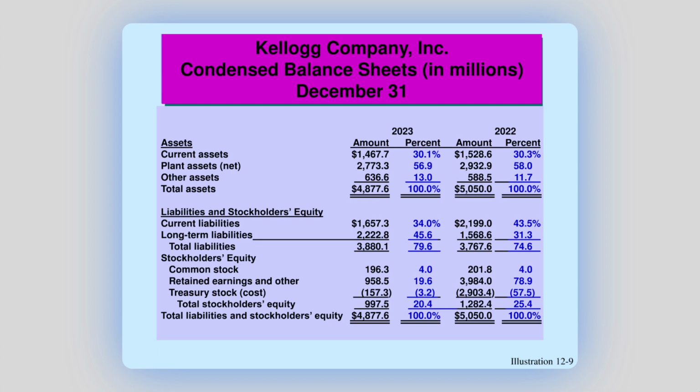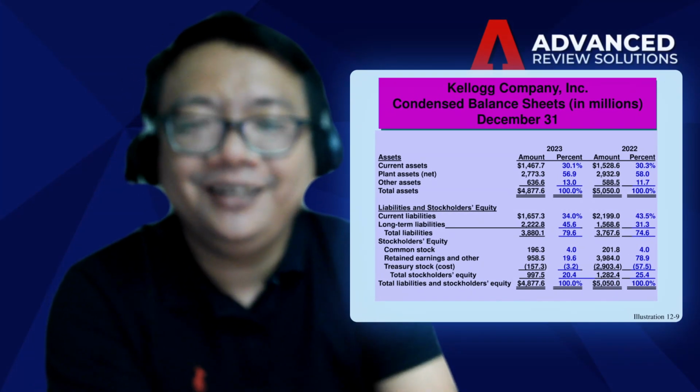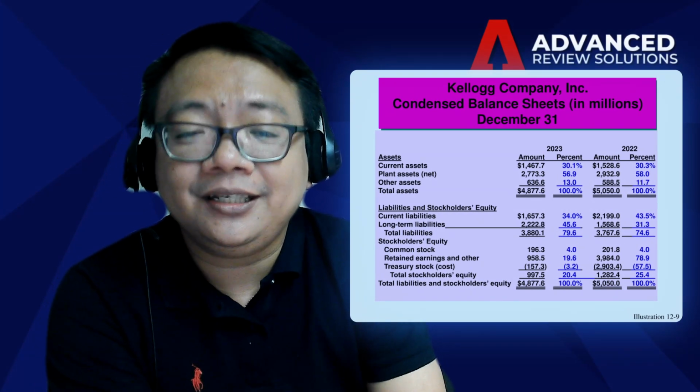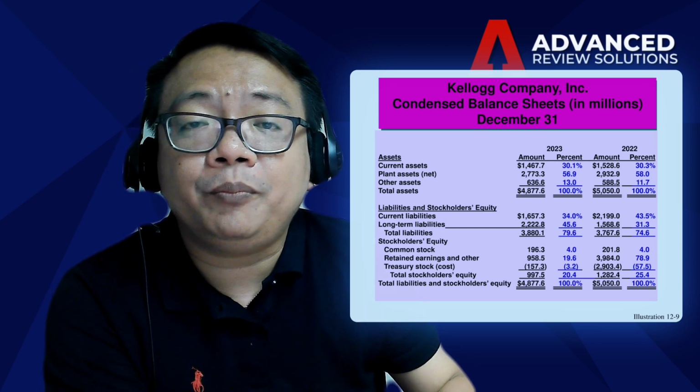Okay, so you have 80% and 20% in terms of the equity. Okay, 74.6 naman and 25.4, ganun din. So ibig sabihin class, the company is being financed by creditors. Oh, they are risky. Okay, so ganun na nga on how you will be able to interpret the data.